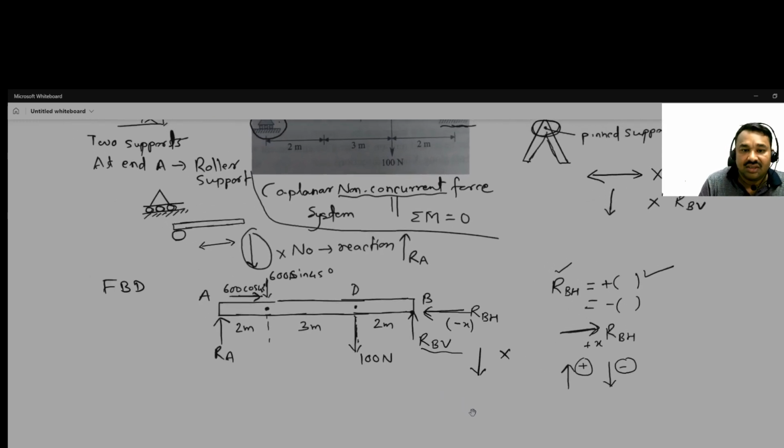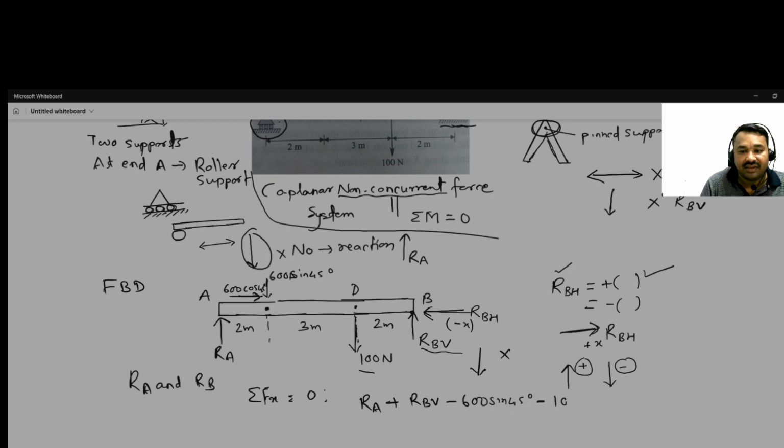Now what is our purpose? To get RA and RB. Okay, so let us satisfy the equilibrium condition Fx is equal to 0. Then what are we getting? So RA plus RBV, and then other forces, 600 sine 45 degree acting downwards, that's why with minus sign.